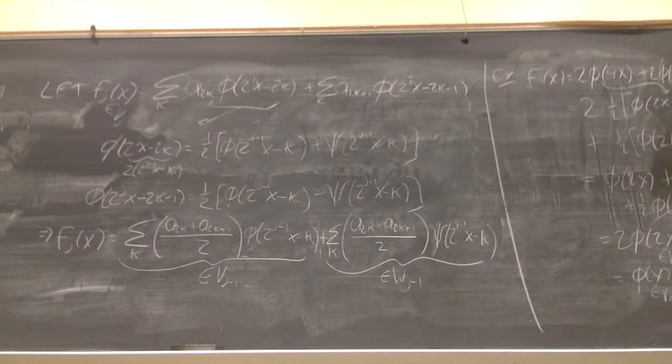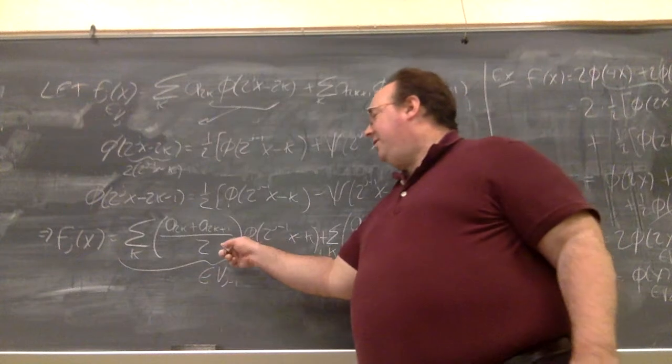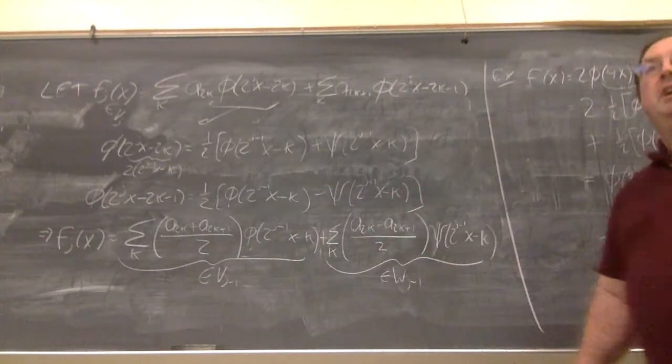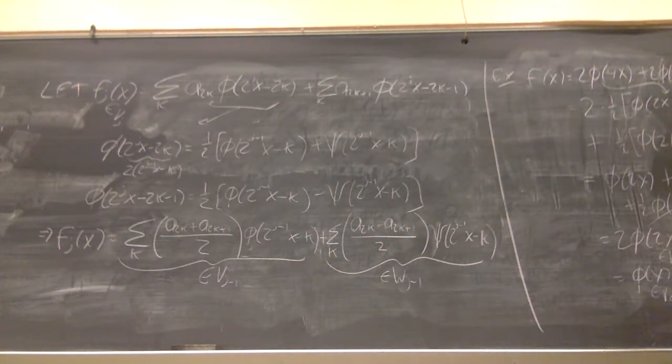So I've broken the fj down into terms at lower index scales. The Wj-1 is something I want in my final decomposition, so I can leave it alone. I can now focus on this and just keep going until I get all the way down to a sum of a V0 and a W0, and then I'll have these other higher index W terms already there.